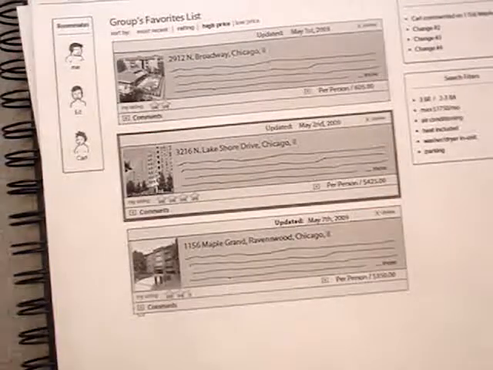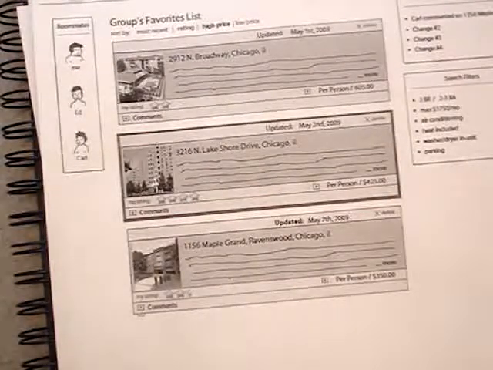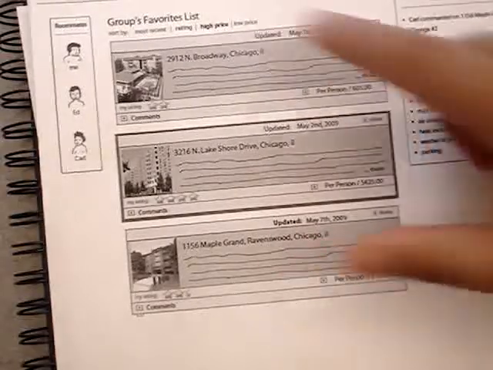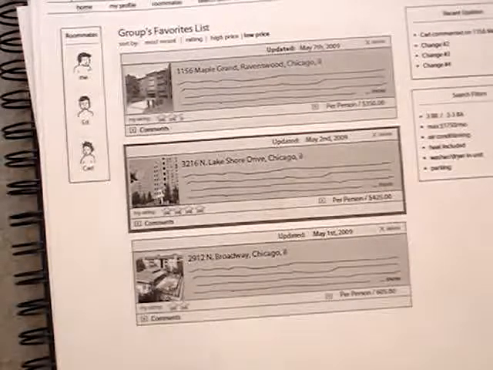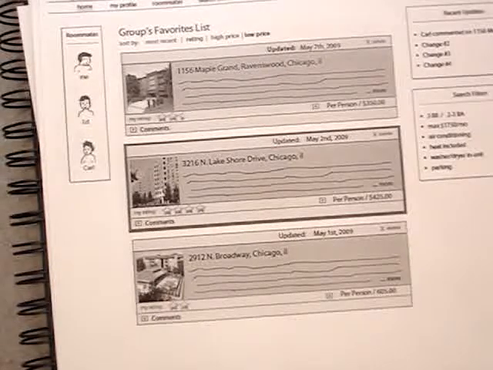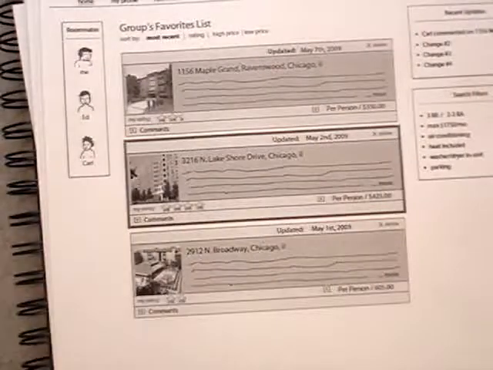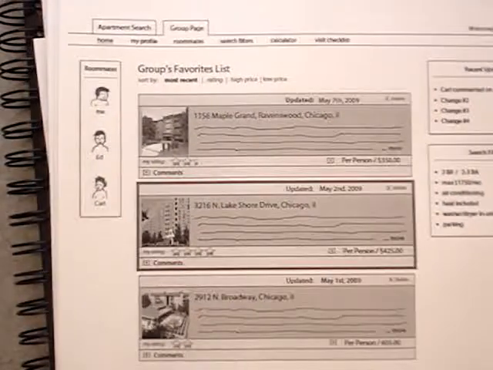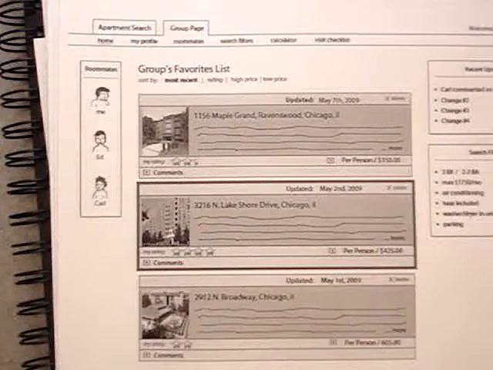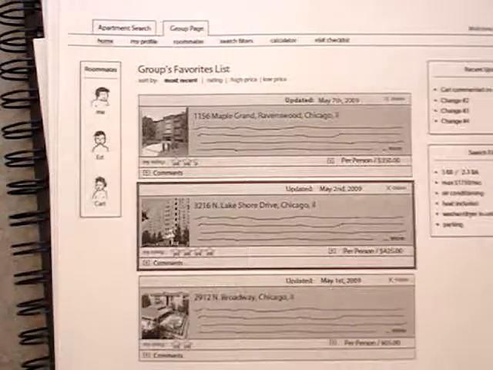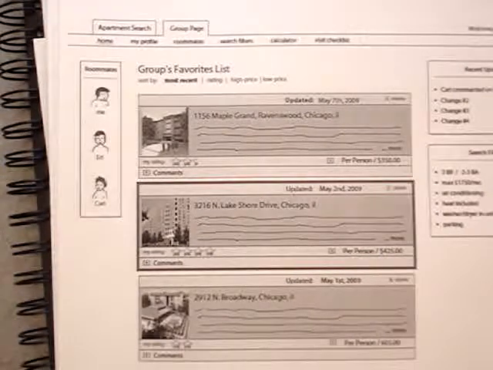Given that task, how would you now sort by lowest price? Hit that right there. Good. And then how would you sort by most recent activity? There. Great. Now, say you wanted to add some comments on one of the apartments, 1156 Maple Grand.